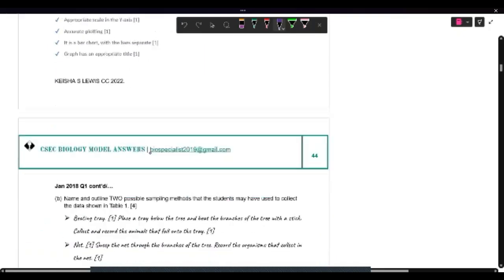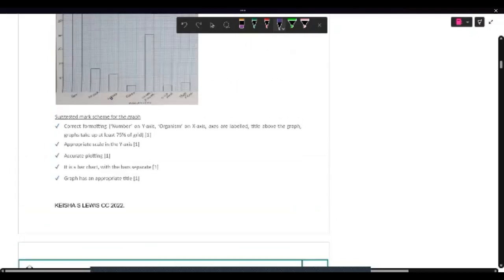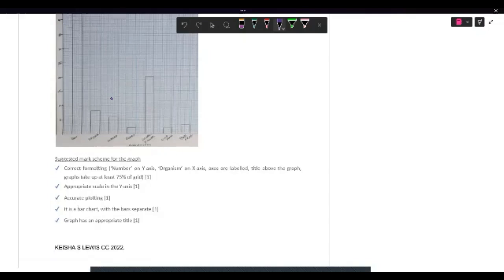Then we have, right, bar chart, yeah, 1 mark if it's a bar chart. Bars are separate, graph has an appropriate title. Please note that for some of these questions, I have seen where if the question asks you to just draw a graph, and it leaves it up to you to decide what type of graph to draw, there have been cases where if you use the wrong type of graph, the entire question is forfeit.